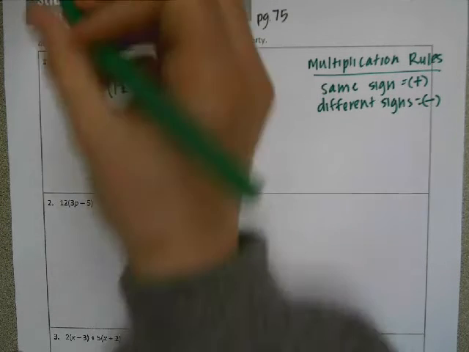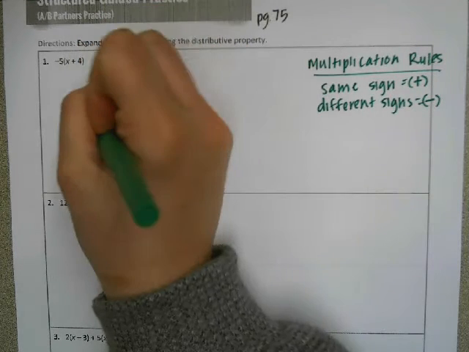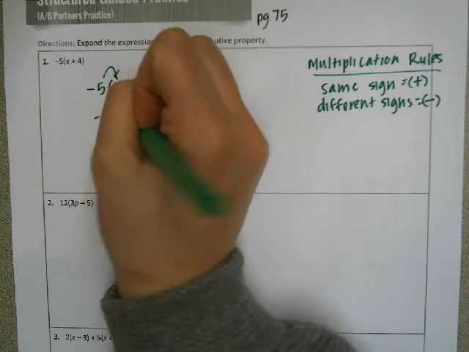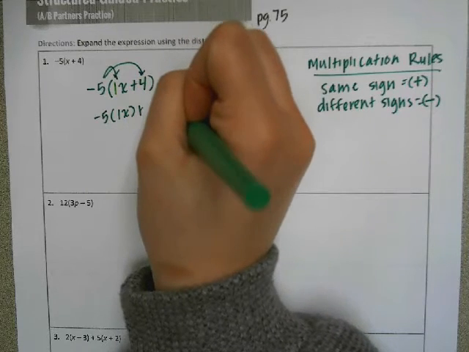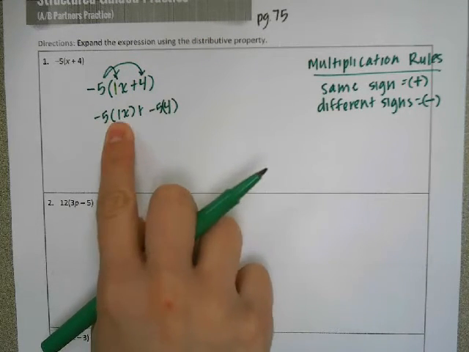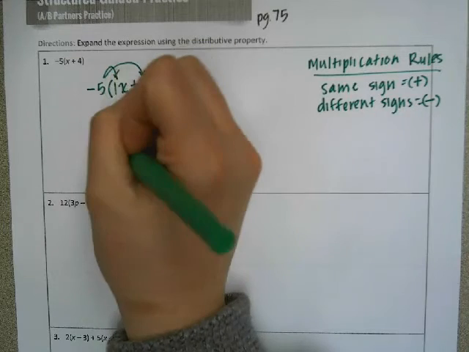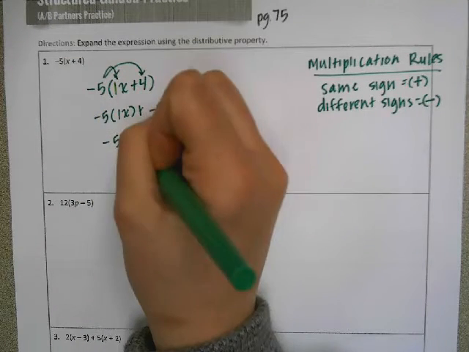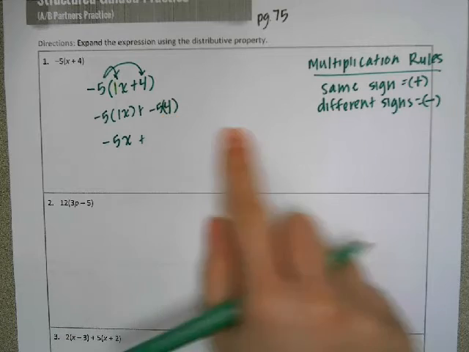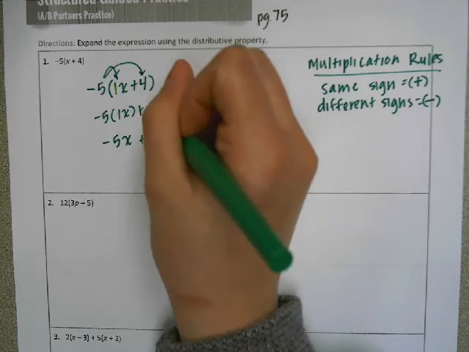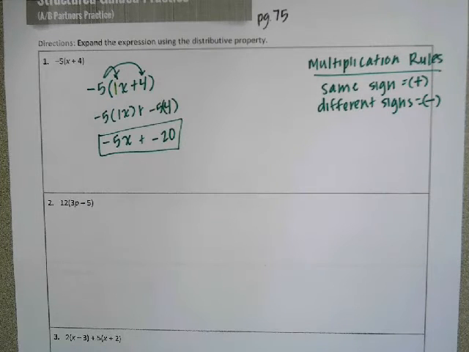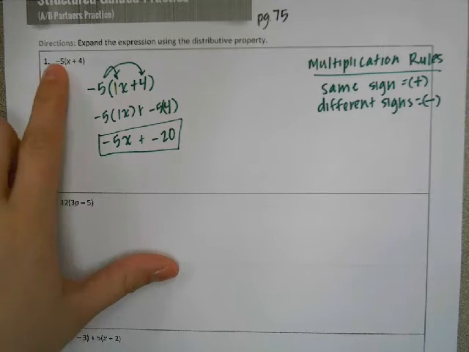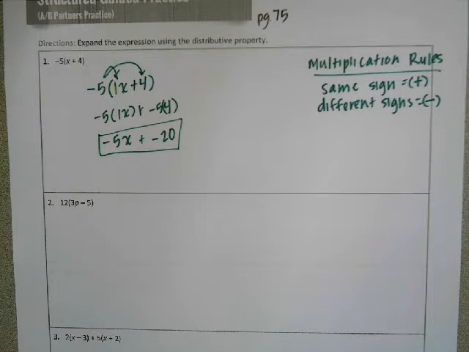I'm going to take this negative 5 and multiply it, so negative 5 times 1x plus negative 5 times 4, and multiply negative times a positive, two different signs, is a negative, so negative 5x, plus a negative times a positive again, so different signs, negative 5 times 4 is 20. And that is the first one. So all we're doing is taking the number on the outside and multiplying it by each term inside the parentheses.